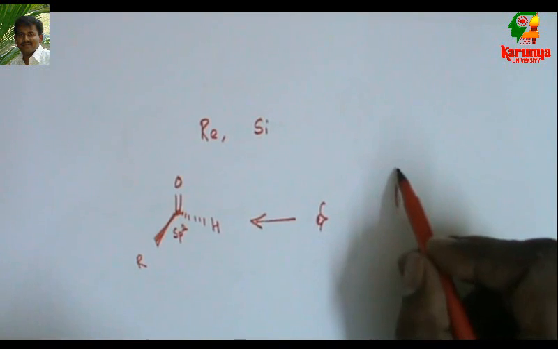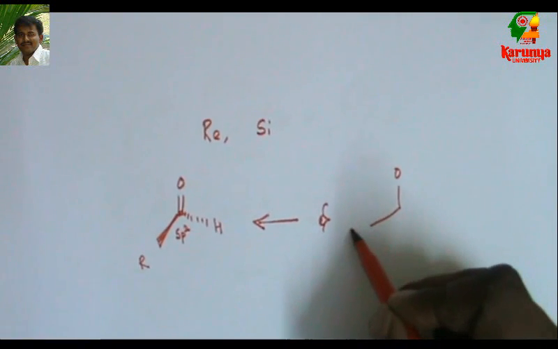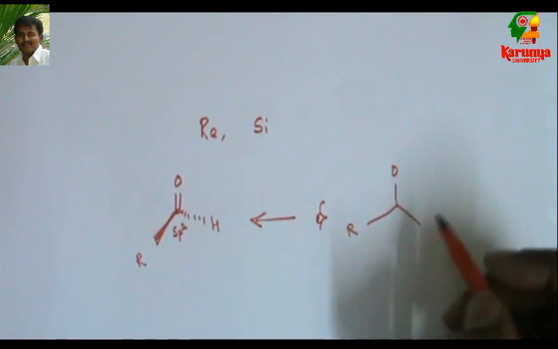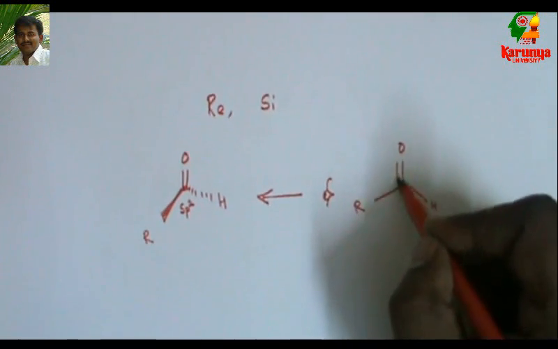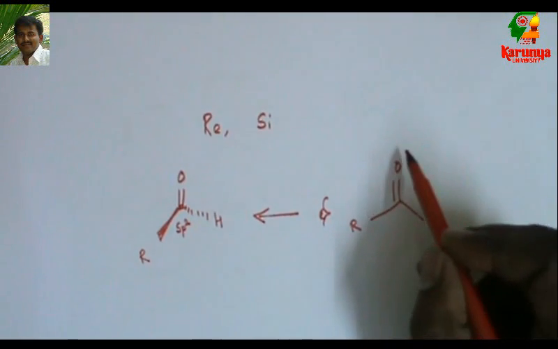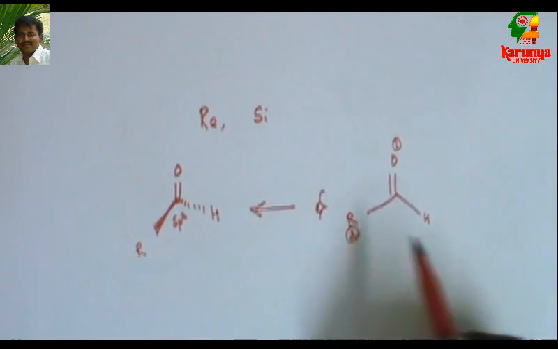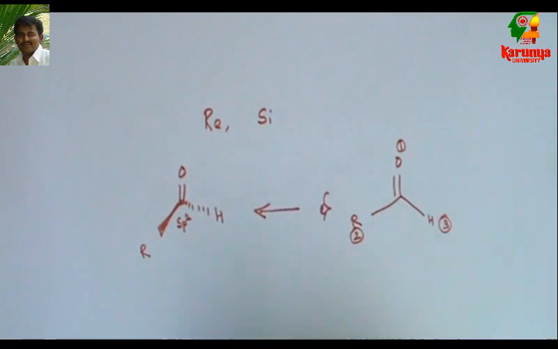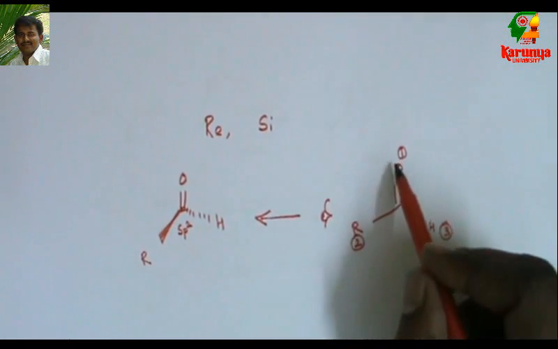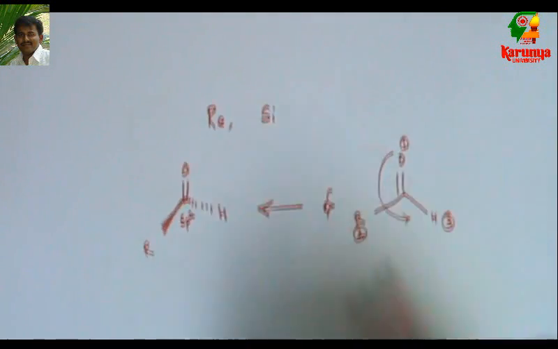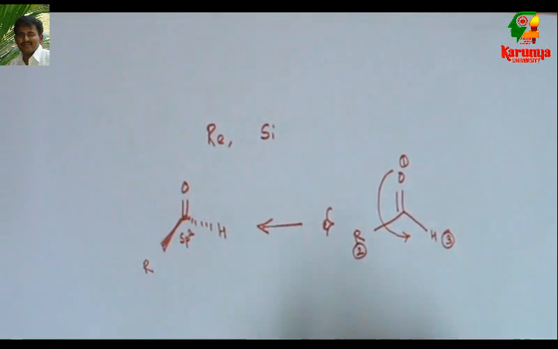Now I give the priority: the first one for oxygen, second one R, third one hydrogen. Since it is anti-clockwise direction, this is called Si.